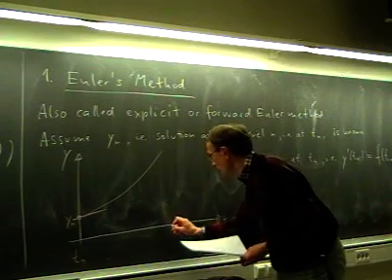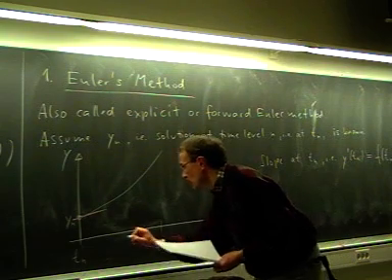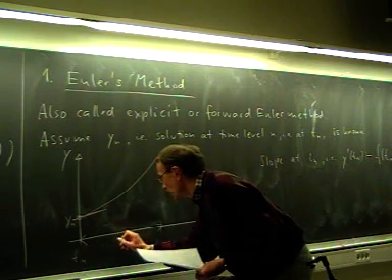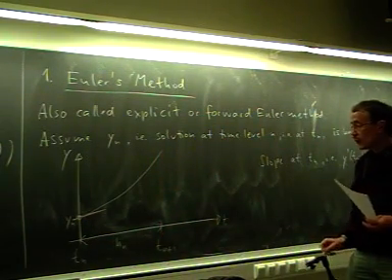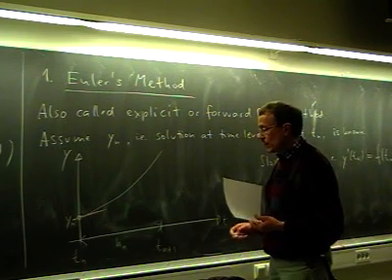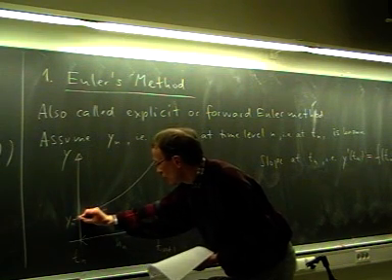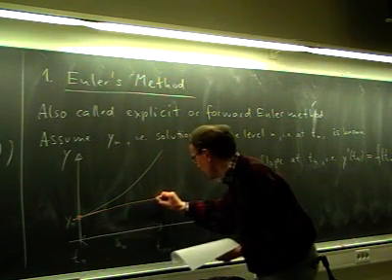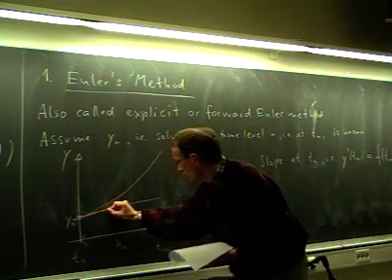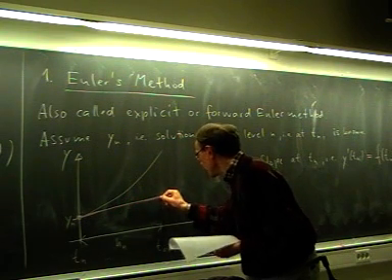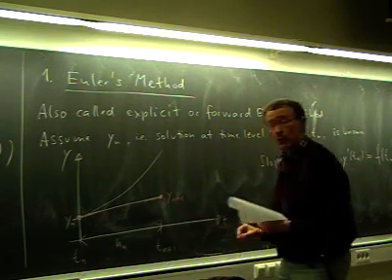We determine, say, the grid spacing, that would be then the Hn, going from Tn to Tn plus 1, we determine that, and then we can use this slope to get from here to Tn plus 1. So we use this slope here to get to the solution here, which will be then our yn plus 1.